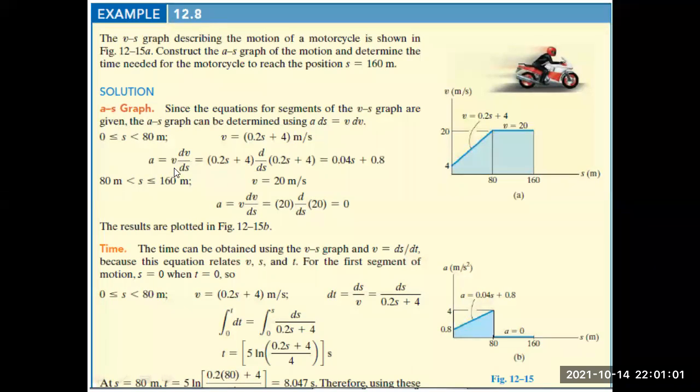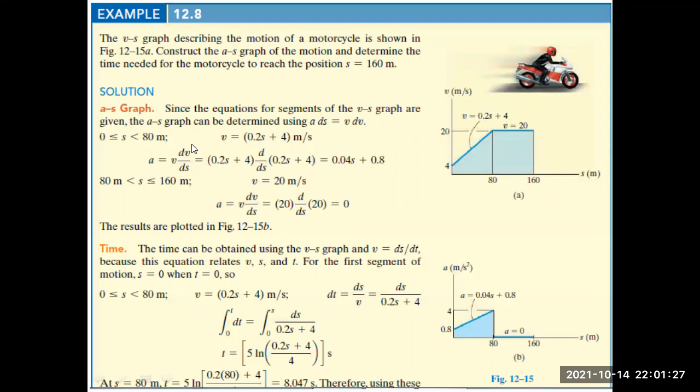So what I need now is to differentiate V. How many equations do I have over here? I have 1, 2. This is an erratic motion. It's not continuous, so I have 2 equations. One is this, the other one is this. For this domain, when S is equal to 0 to 80, I can make use of this equation.